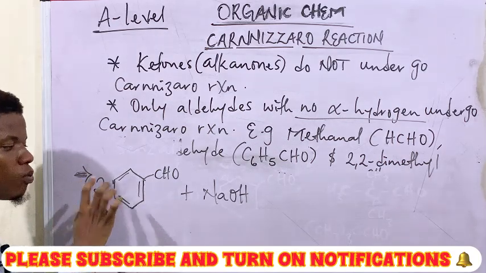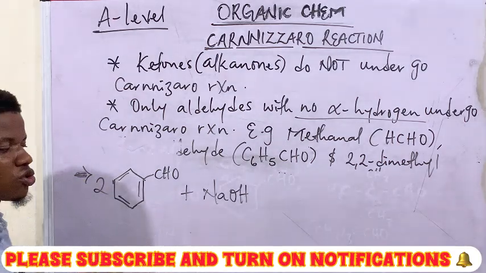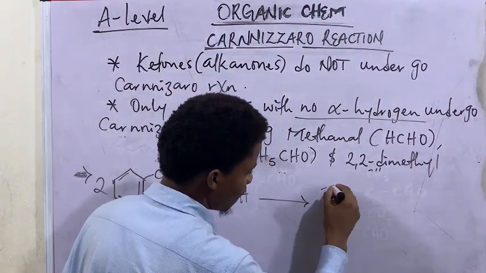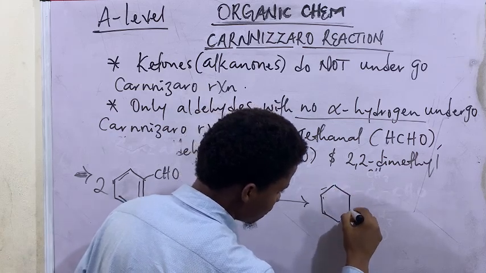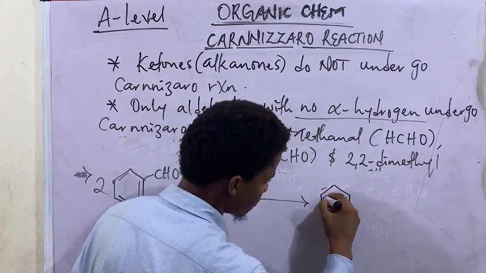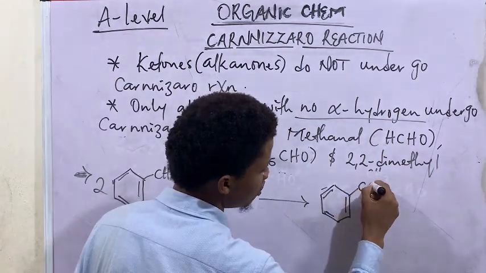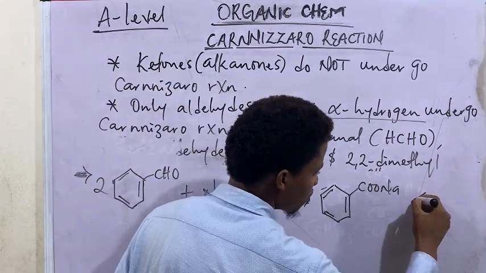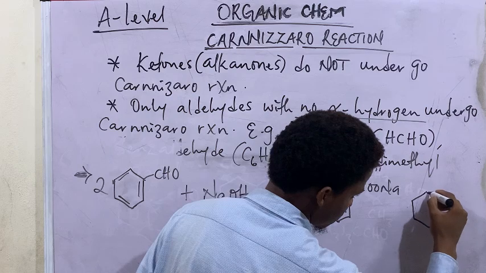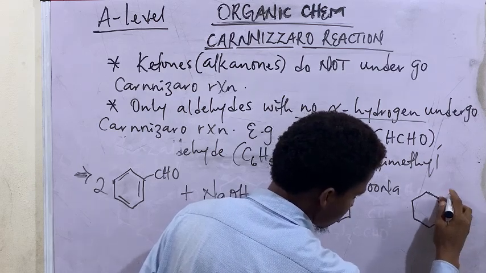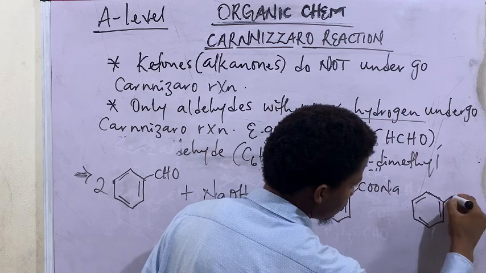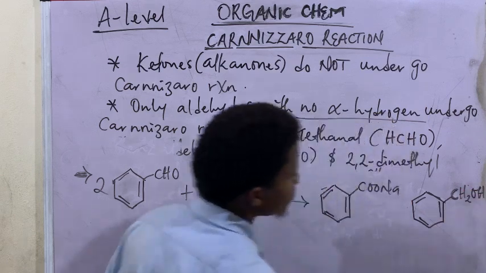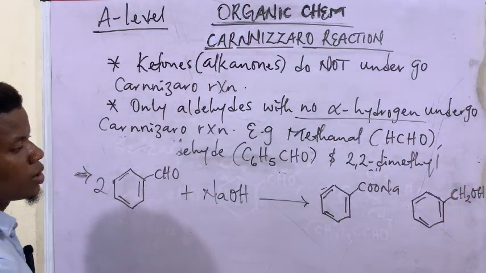Please take note of it. 2 moles of benzaldehyde react with sodium hydroxide to give us, first of all, COONa, and then it also gives us CH2OH.